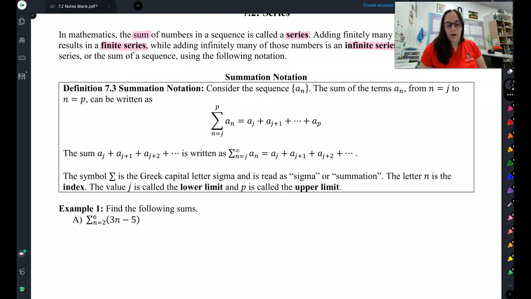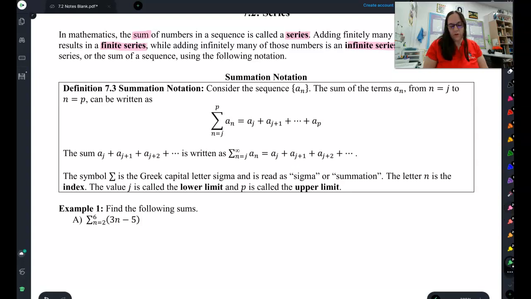Now, next thing we should talk about is summation notation, how we write this stuff. If I take a list of numbers, there's my first number, my second number, third, fourth, fifth, on and on till the last number. So this would be like my 1, 3, up to 9 that I'm adding all together. I would write it like this, where this is telling me which sequence term to start on.